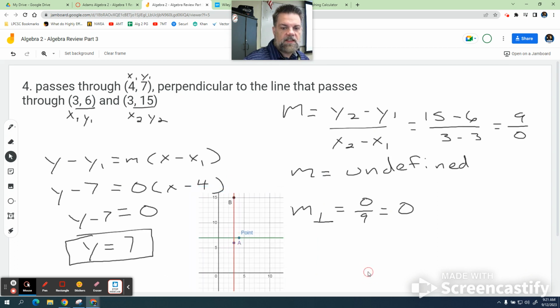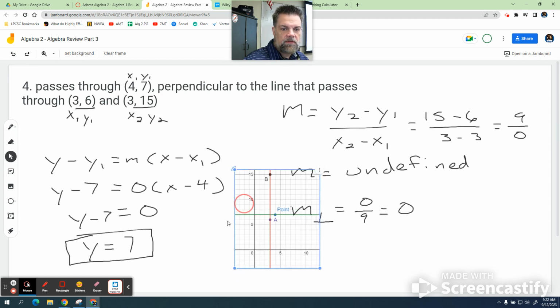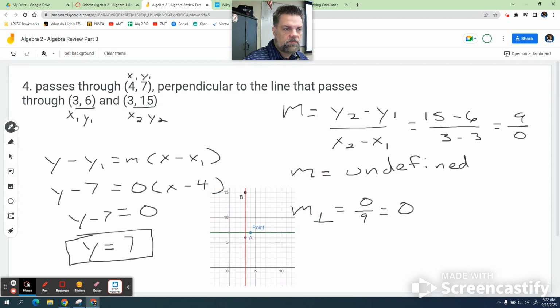So it's going to look like this. Remember this, and you should know this from Algebra 1. When m equals 0, that is a horizontal line.